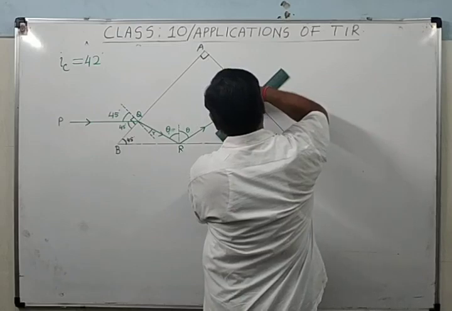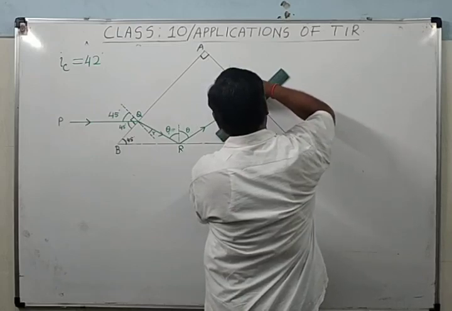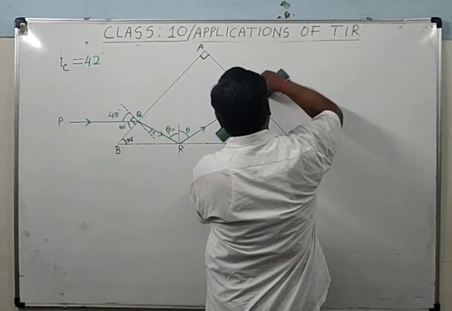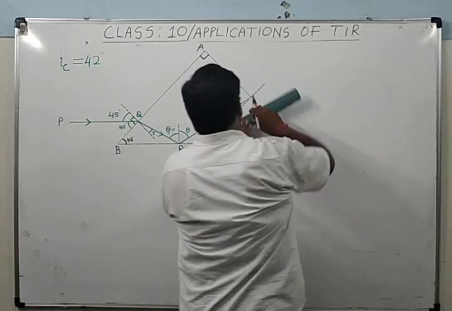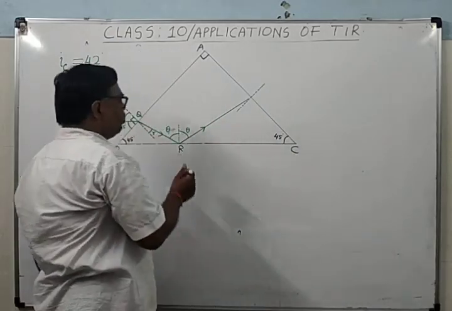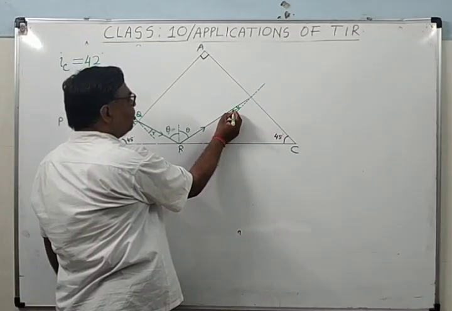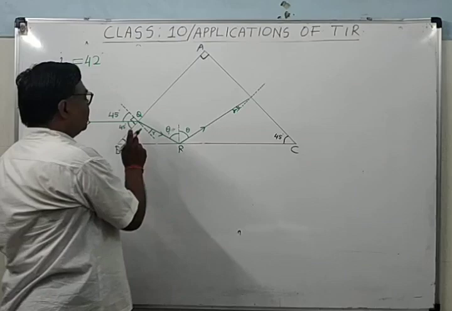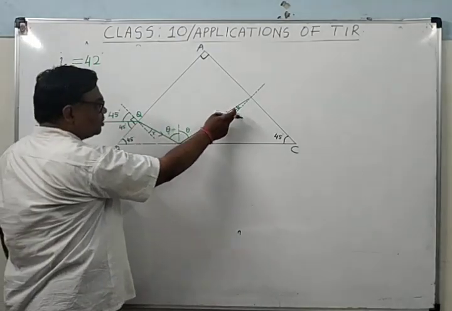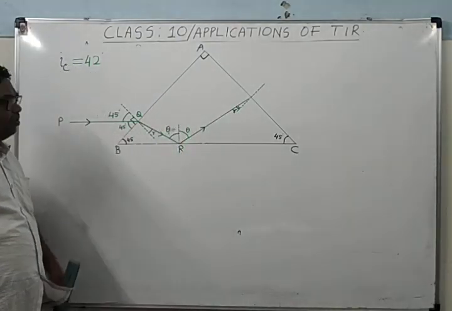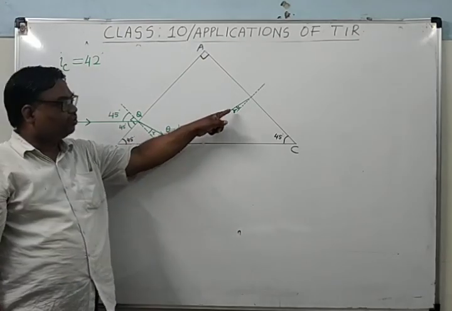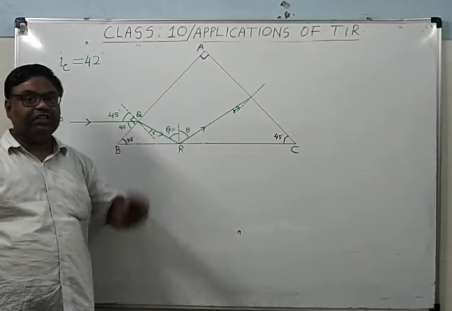Now see here, when we will draw the normal at this point, at the point S, we draw the normal. So when we will measure this angle, we will find that this will be same as this angle. This is R, this is also R. Next, we will find that these two angles will be of same measure.